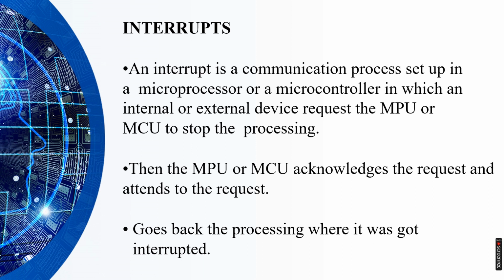As soon as it requests the MPU or MCU to stop, the MPU or MCU acknowledges the request and attends to the request. It goes back to the processing where it got interrupted. In this way, interrupt helps to handle immediate or on-time interactions which are required by the system.